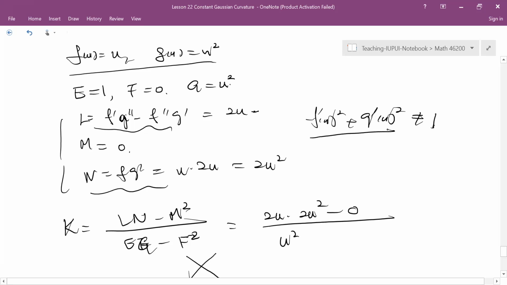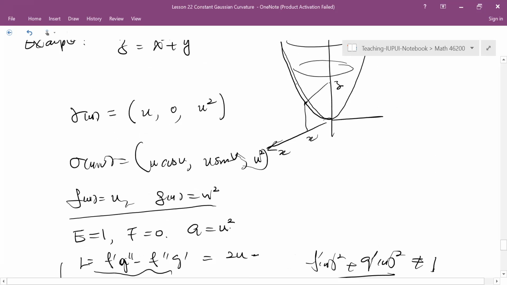Be careful when you do the homework: if it says calculate the Gaussian curvature of this paraboloid, and you view it as a surface of revolution, then to use a formula in the book you have to make sure the curve you construct has unit speed.